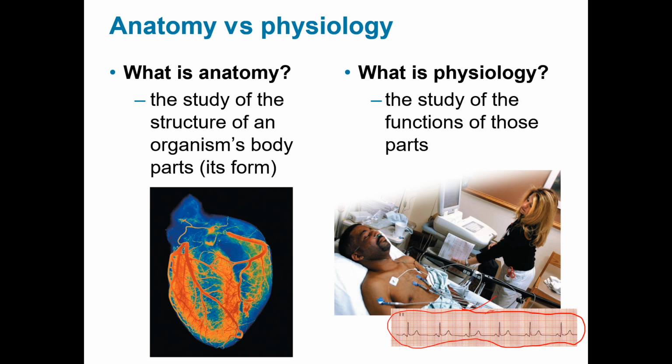And in a later topic, we'll explore that further and talk about how that relates to different aspects of heart function. And a cardiologist can examine an EKG and diagnose if there's a potential problem with the electrical signaling in your heart. So again, anatomy is what the parts are, physiology is what they do.